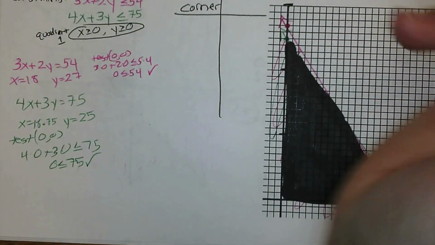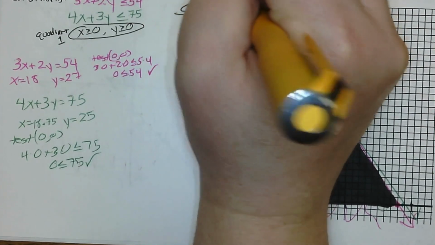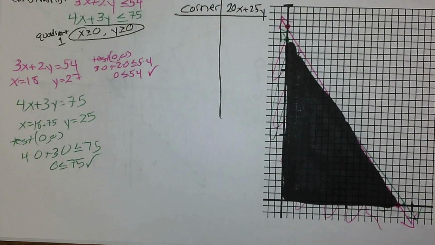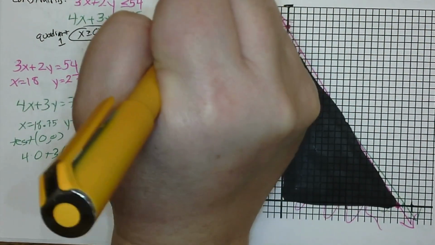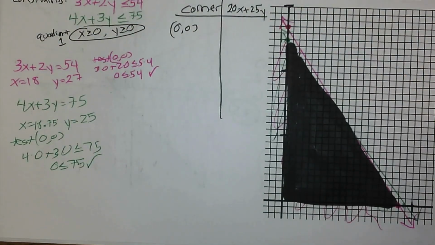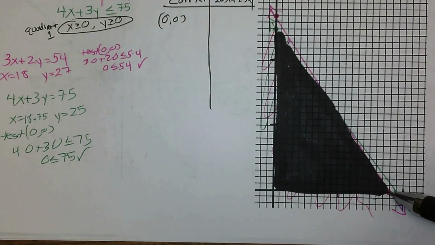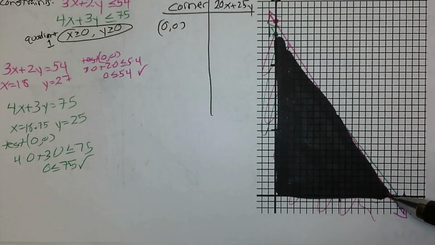And our objective function, 20x plus 25y. Okay, let's start with the easiest. 0, 0 is a corner. We actually have 3 easily accessible points because we went over to the pink point right here, which was the x-intercept for pink.